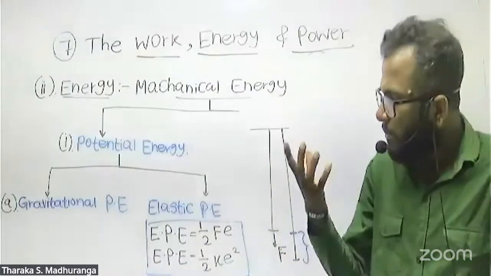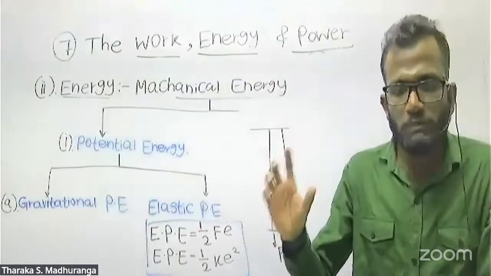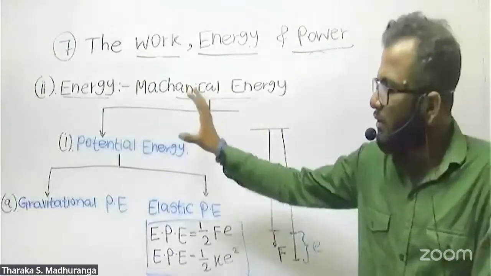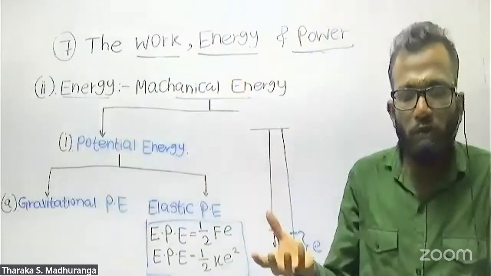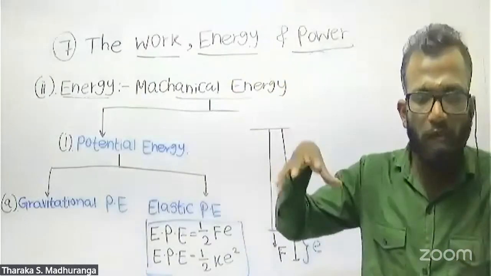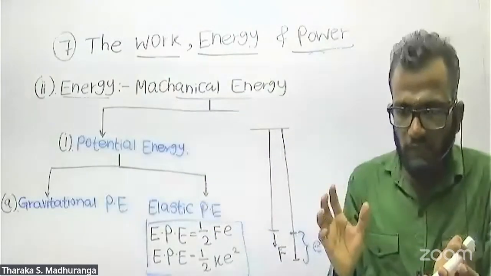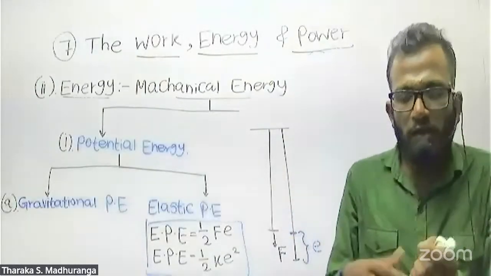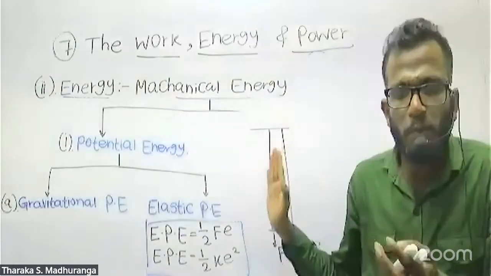The basic meaning of potential energy: when the position of any object changes, the energy the object stores is potential energy. Gravitational potential energy means that due to gravity the object's position changes. Due to elasticity, meaning deforming due to an external force, the position changes and energy is stored, that we call elastic potential energy.